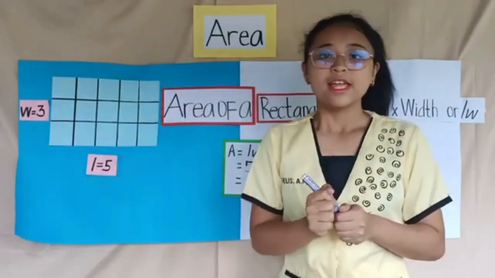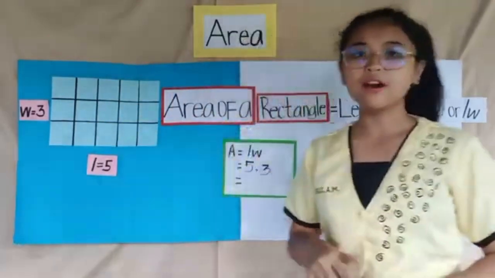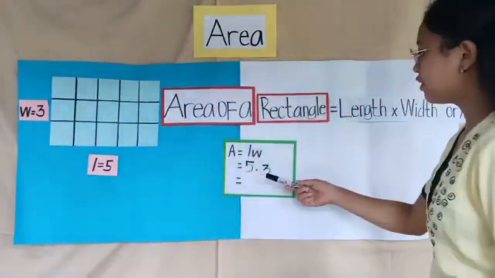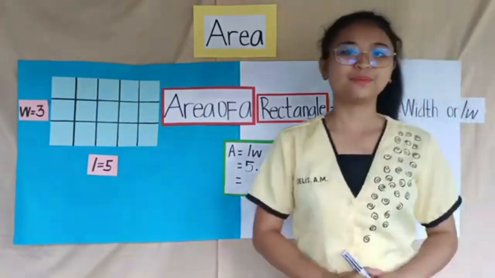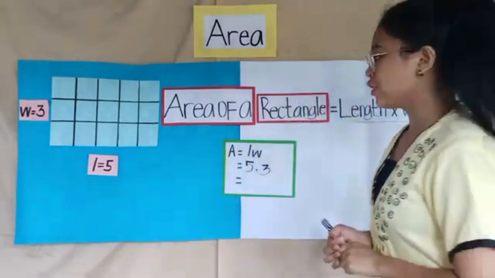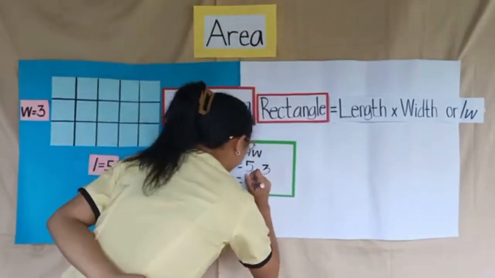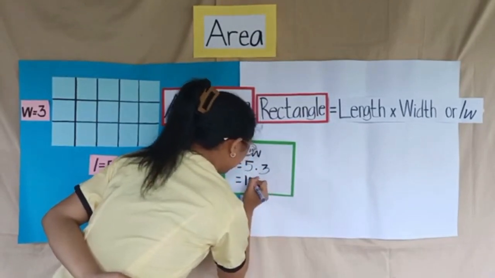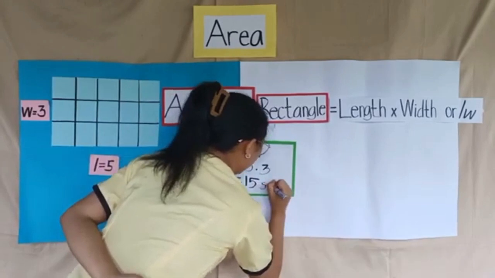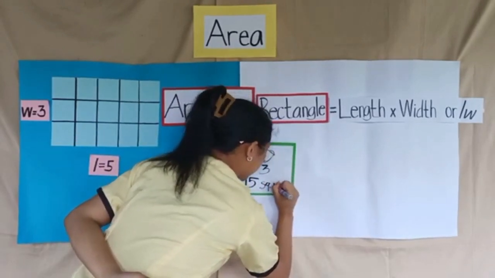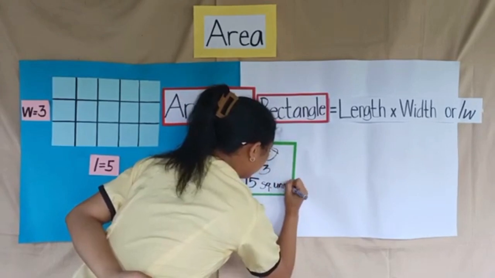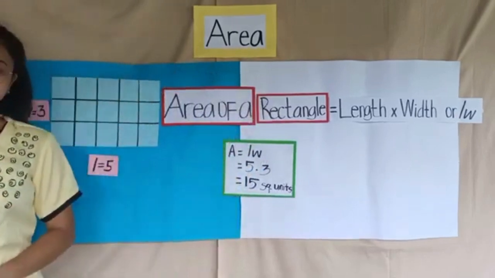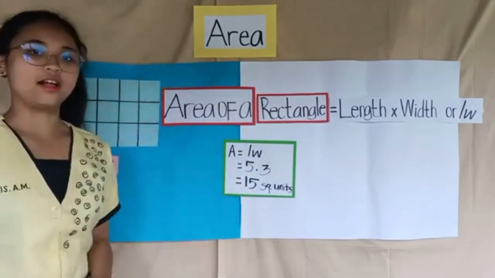Now, if we multiply the length of the rectangle, which is 5, by its width, which is 3, what would be the answer? Very good. The answer will be 15 square units. So this is the area of a rectangle.